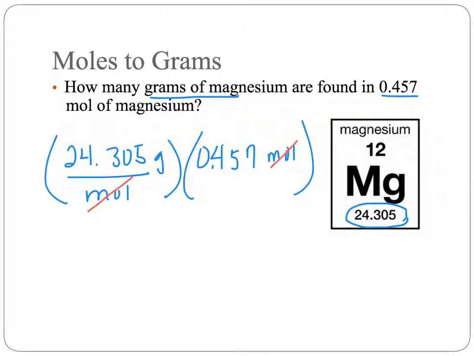We are left with grams, and if we multiply the numbers through, we find that there are 11.1 grams of magnesium in our 0.457 moles of magnesium. So in this case, we're moving from moles to grams, and so it's a straight multiplication problem. We've got our mole information, and we go to the periodic table to get the atomic mass information that tells us how many grams are found in each mole.